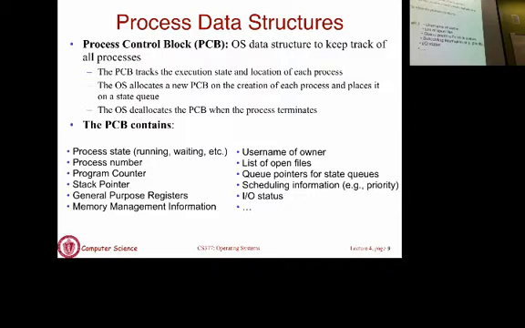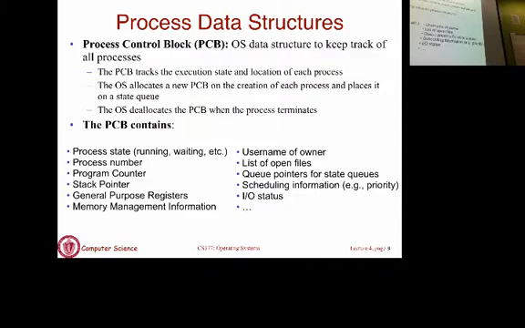And IO status: if the process is doing IO, you can track what IOs are in progress and whether they're finished or still in progress, and so on. Okay, so all of this information is going to be stored in the PCB. Whenever a process starts, an entry is allocated and all of the information about the process is stored.